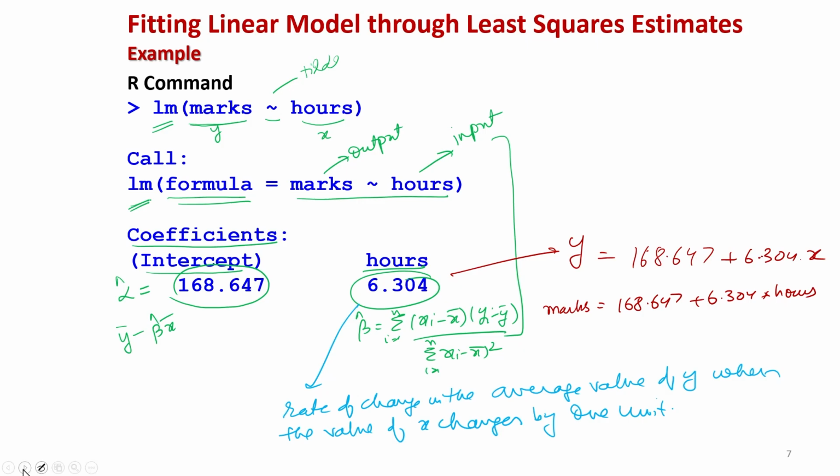Similarly, the intercept term is actually the average value of y when all x's are equal to 0. That means if the student has not studied at all, the student will still get on average 168 marks.